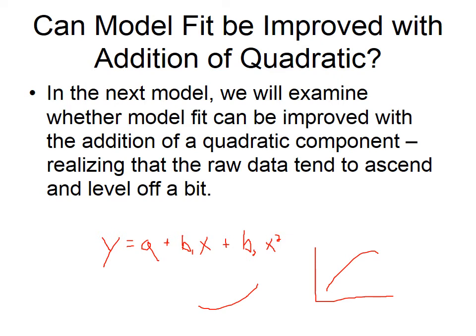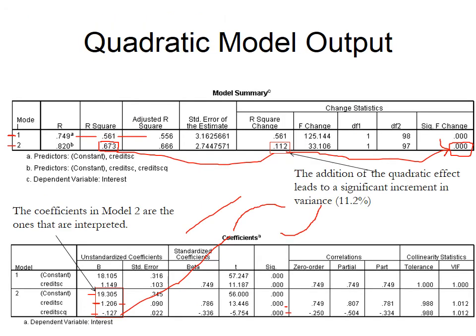What this allows our curve to do is to have a bend in it. So it can bend like this. It can also bend the opposite direction. It can do many different things. So this is what we're going to try to predict with our next model.